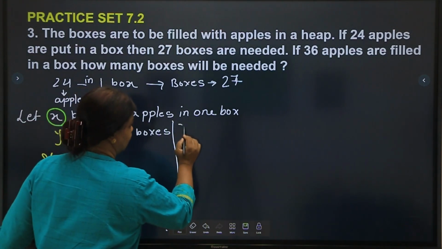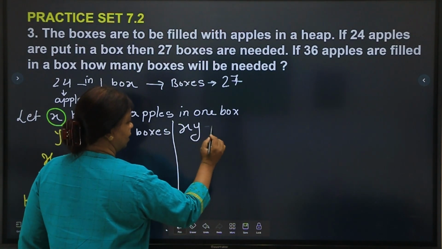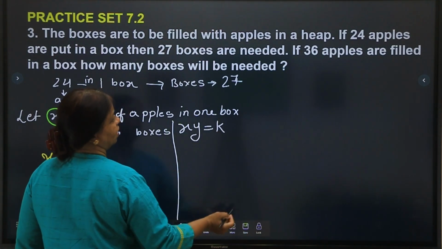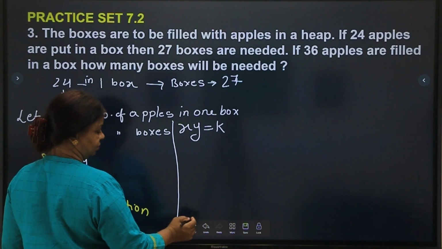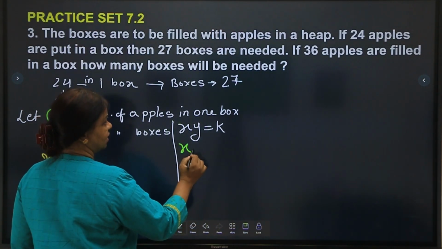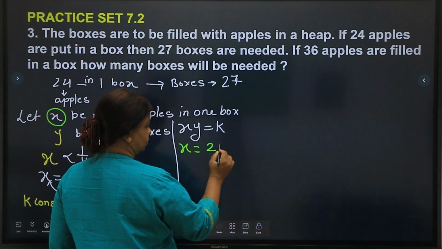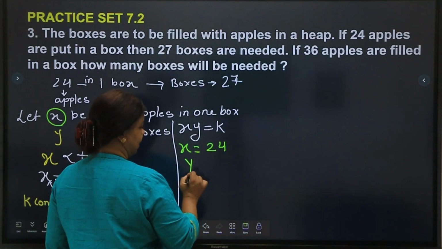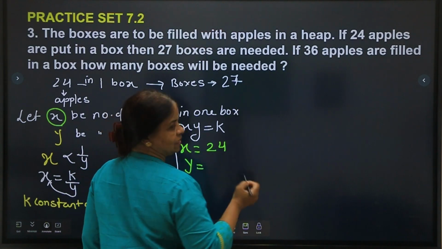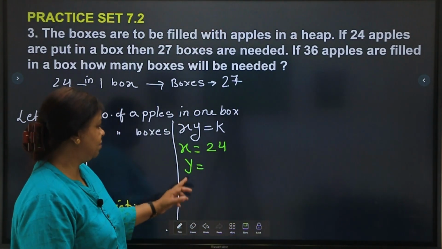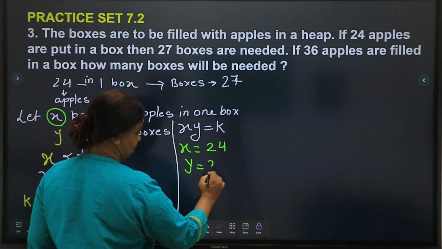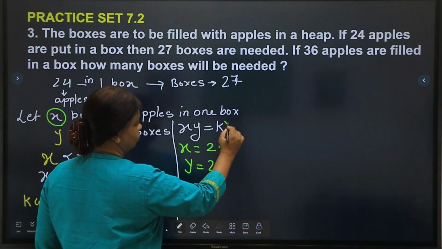So you will get xy is equal to k. Now when x is equal to 24 and y is equal to, when 24 apples are placed in one box, the number of boxes required is 27. So we can get the value of k.